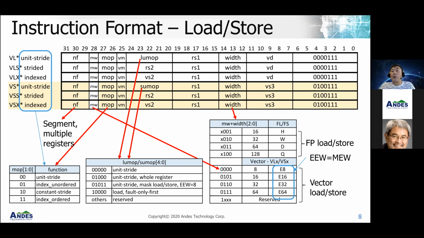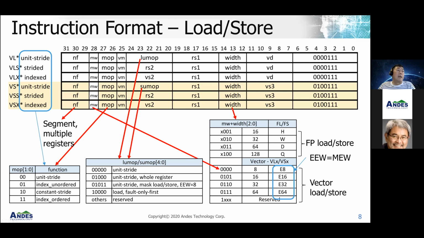We only use the other encoding for the vector. There's an extension bit here, but for now we only have 8, 16, 32, and 64. The other 4 are reserved for when we can go to 128, 256, up to 1 kbit of the memory element width.